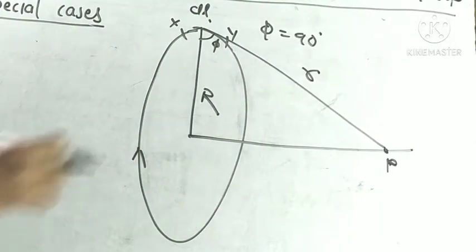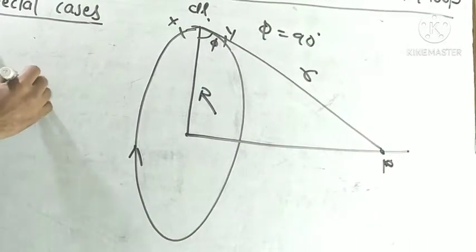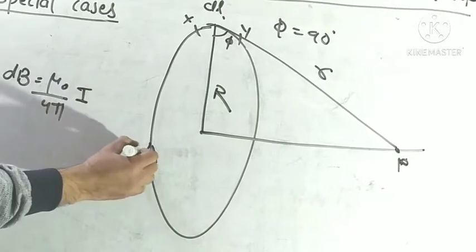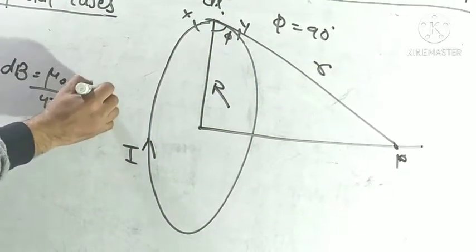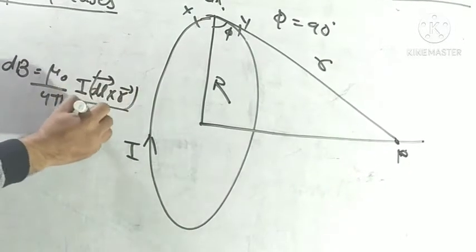By Biot-Savart's law, due to a small element, the magnetic field at point P is dB equal to mu naught upon 4 pi, I, dl cross r upon r cubed, where I is the current flowing through this conductor.